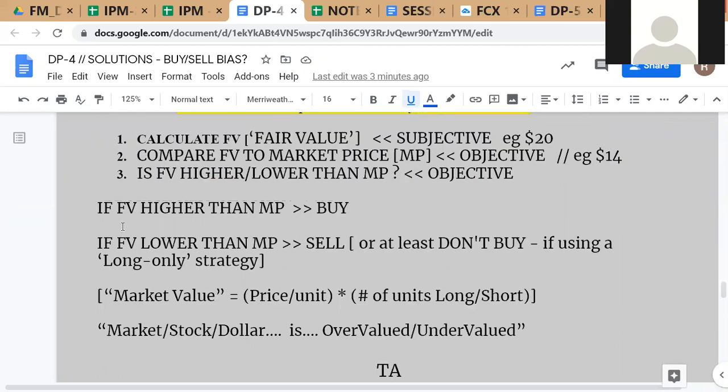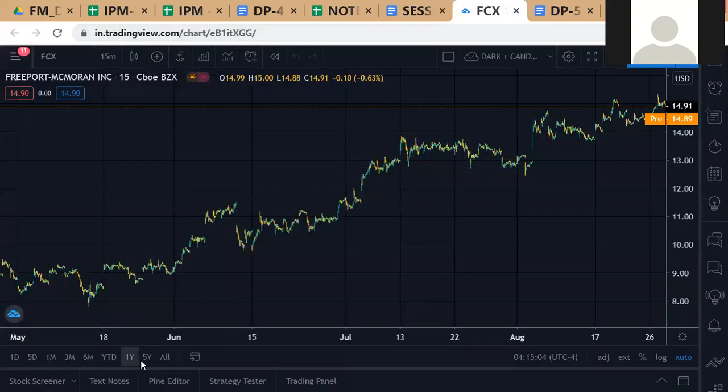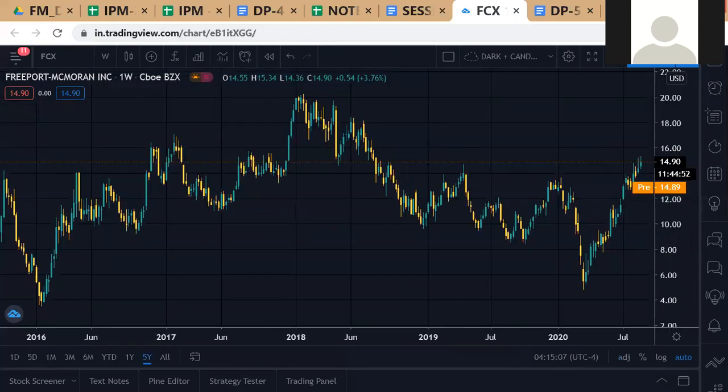Then the logic, as Harsh explained in the previous class, is that if fair value is higher than market price, let's say we use a long-term chart, you look at Freeport, and you find that the fair value is $20 and the current price is $14.